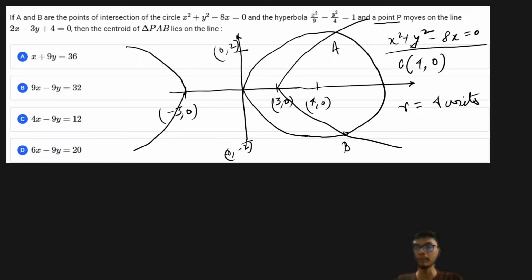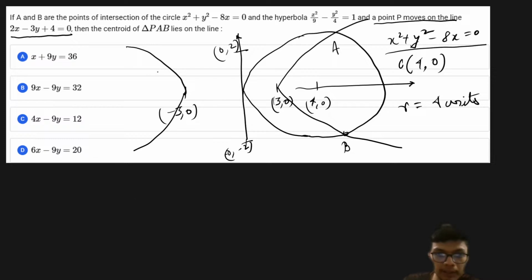It is said that a point P moves on the line 2x minus 3y plus 4 is equal to 0. There is one point P which moves on this line, and you have to find the centroid of the triangle PAB. So if we try to plot this straight line, you can simply see that if you put y equal to 0, x is equal to minus 2, and if you put x equal to 0, y is equal to 4 upon 3.